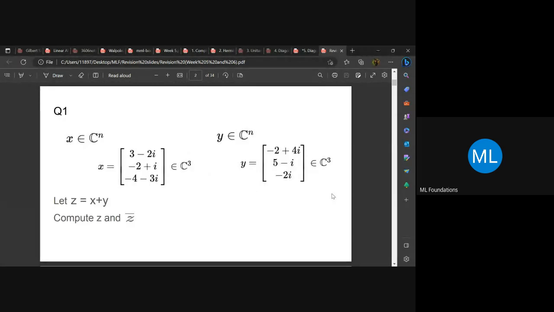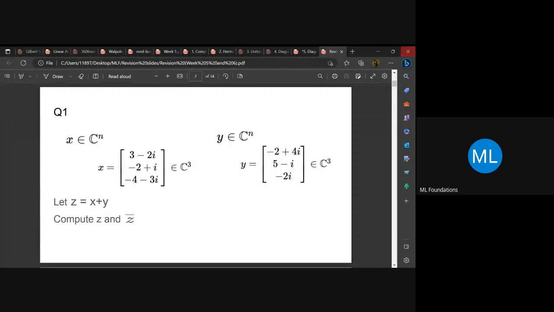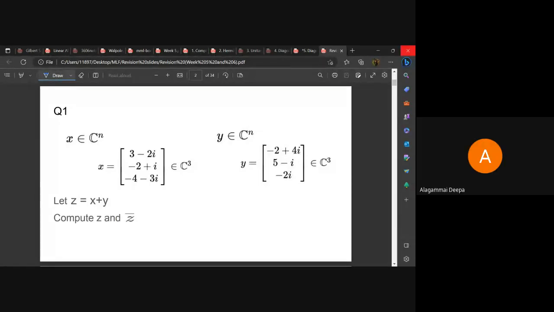So x plus y will be 1 plus 2i, 3, and minus 4 minus 5i, with the 3 as 3 plus 0i. So z will be 1 plus 2i, 3, and minus 4 minus 5i, right?